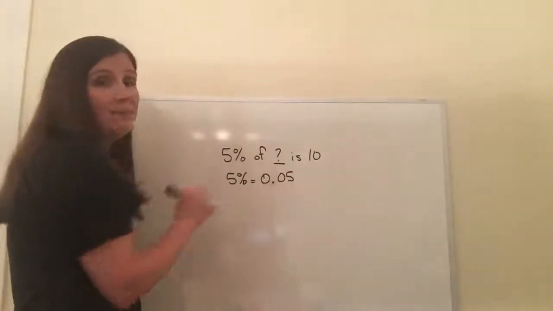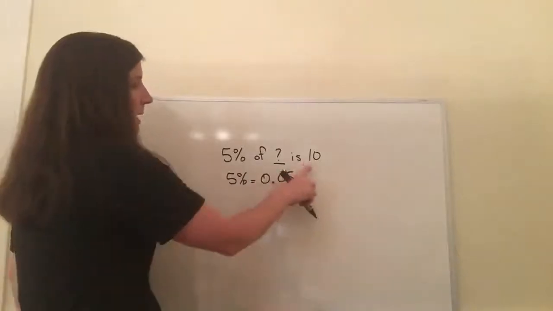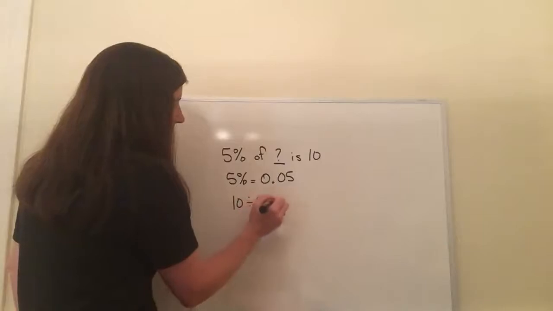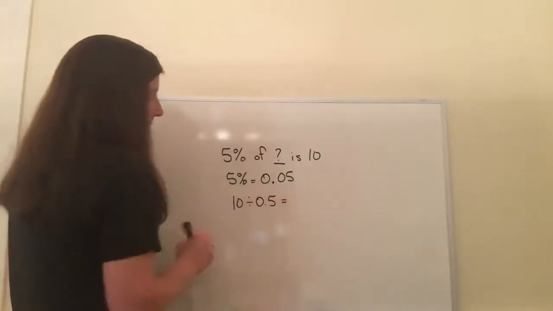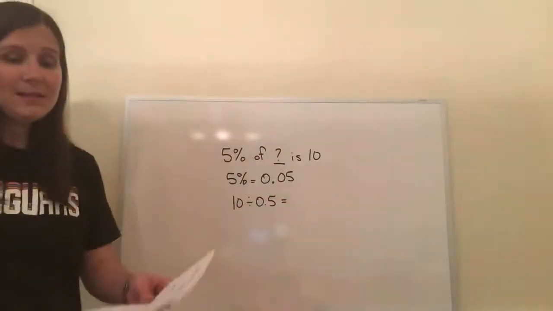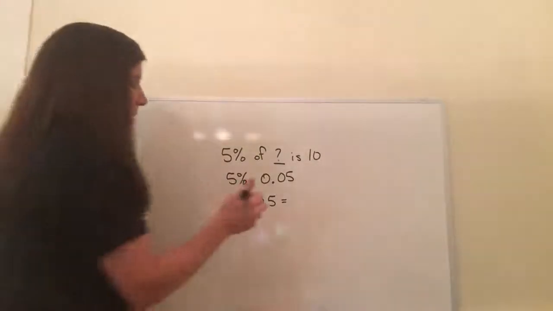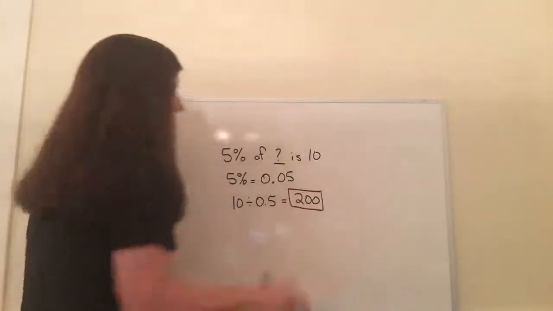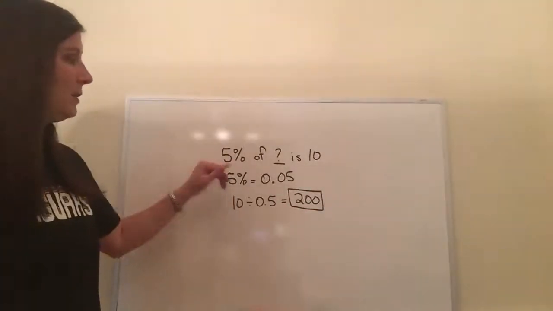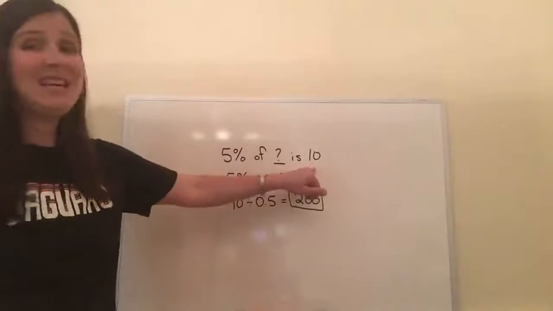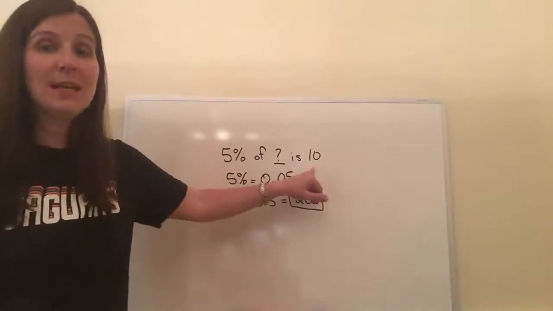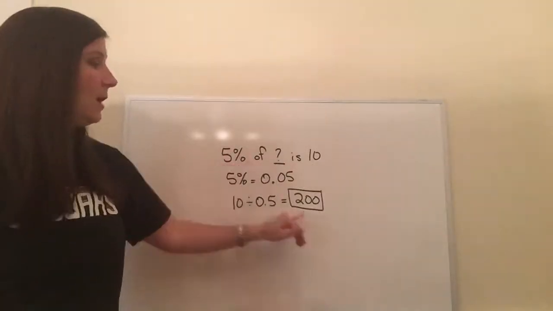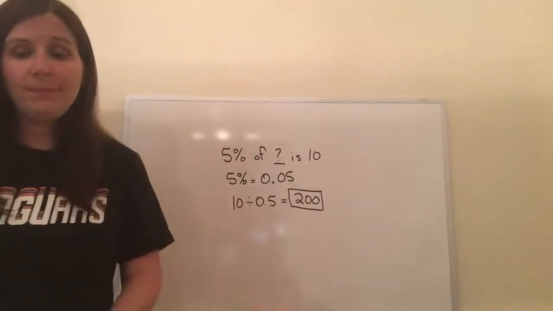So make sure you have that 0 in there. Now I'm going to say 10 divided by 0.05. 10 divided by 0.05 equals 200. So 5% of 200 is 10. Or sometimes you'll see 10 is 5% of 200.